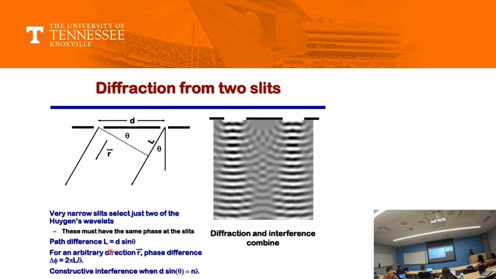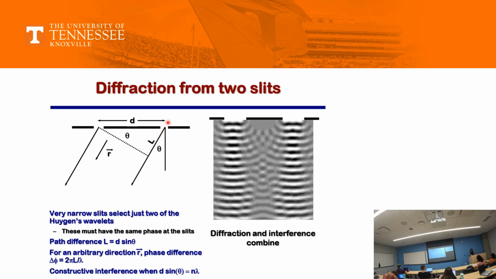Now your path difference between these two slits is L equals D sine theta, which is this distance. Now, what is happening is you have a wavelet coming here after diffraction, and a wavelet coming here after a second diffraction, and these two wavelets have a distance of D sine theta.